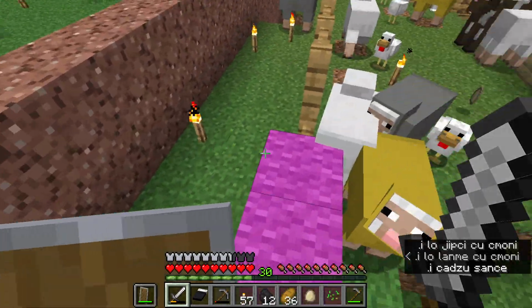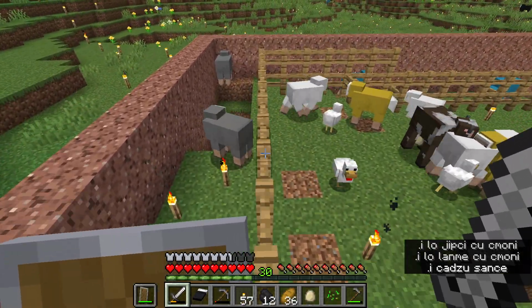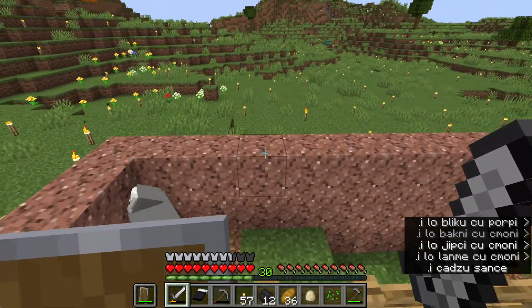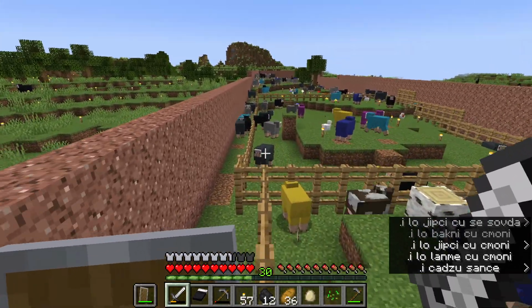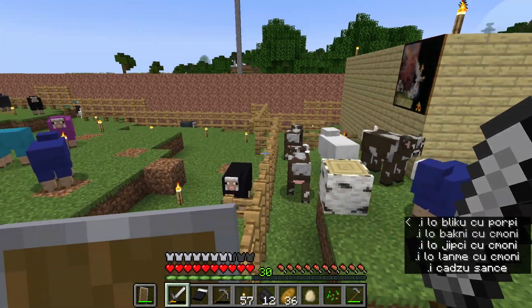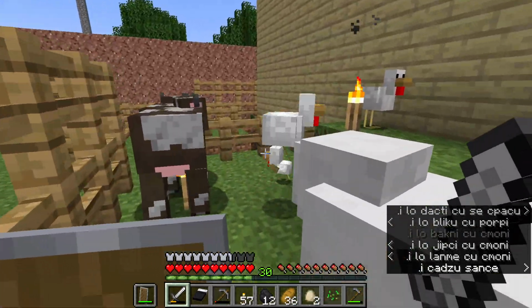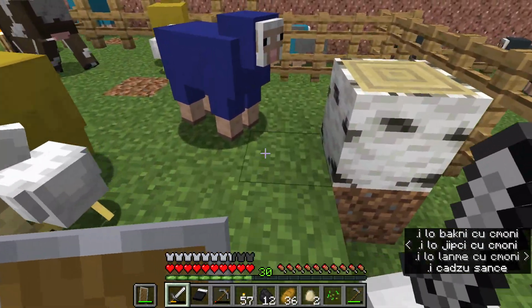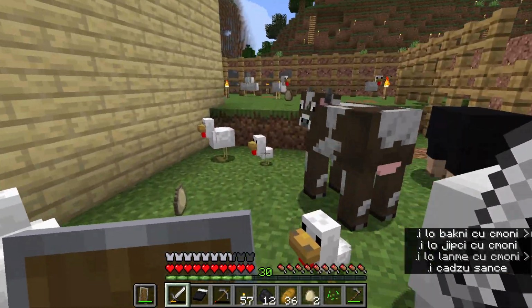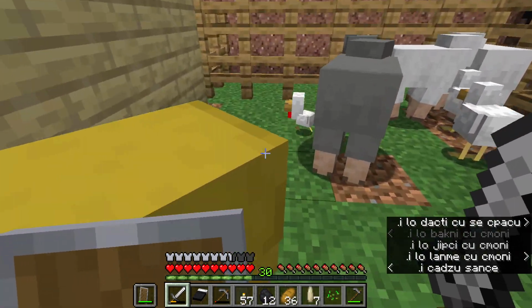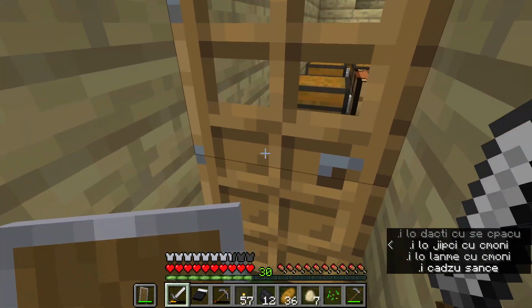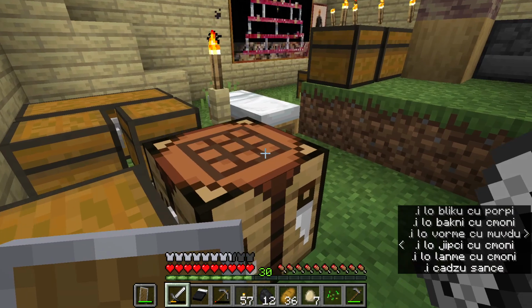I'm walking on a sheep house. Ti zdani lo jipshi. This is a house for chickens. Ti zdani lo lanme. This is a house for sheep. Ti zdani mi.